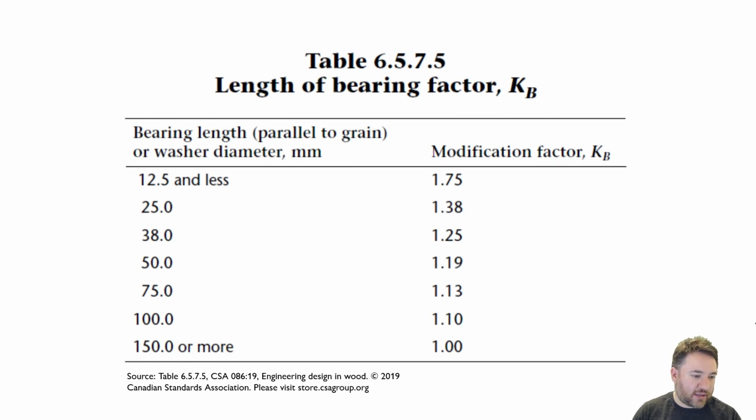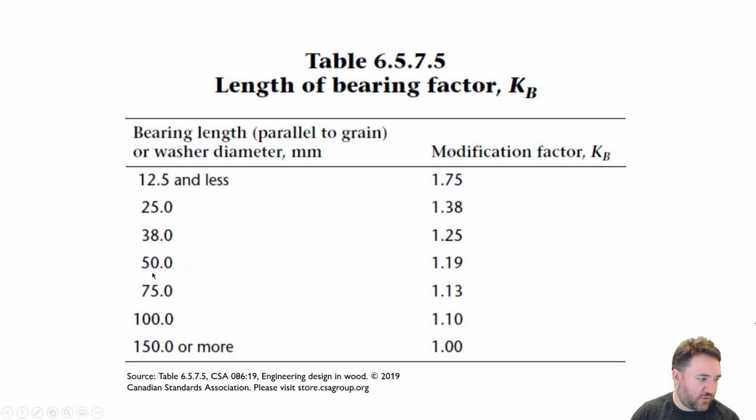Well, the bearing length for the joist on the beam is 38 millimeters, right? That's the length of the bearing area along the length of the beam, because that's the width of the joist. So I come to this table and I find 38, and I find that the modification factor KB is 1.25.